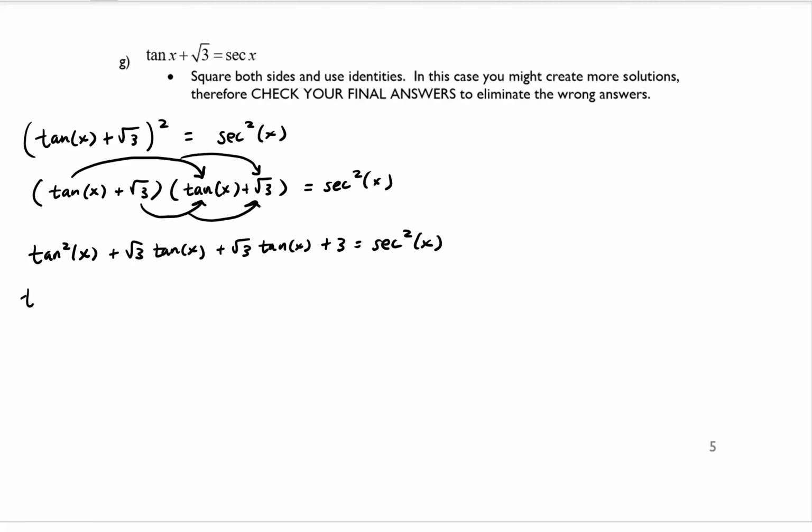So let's combine like terms on the right-hand side. So we have tangent squared x plus 2 root 3 tangent x plus 3 is equal to, and then the right-hand side is equal to tangent squared x plus 1 from one of the Pythagorean identities.